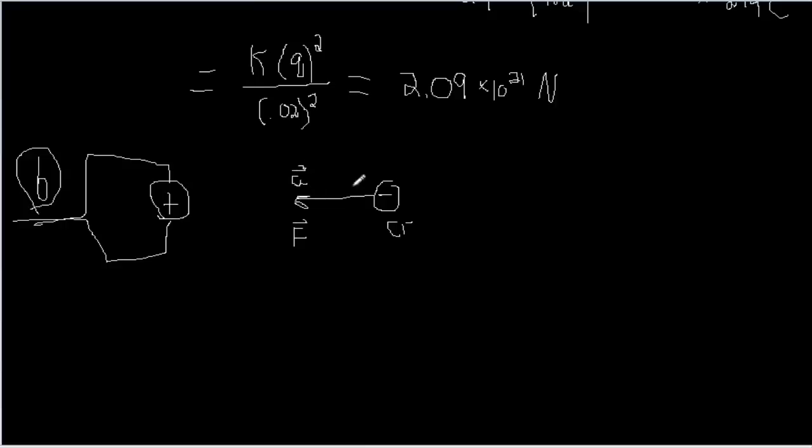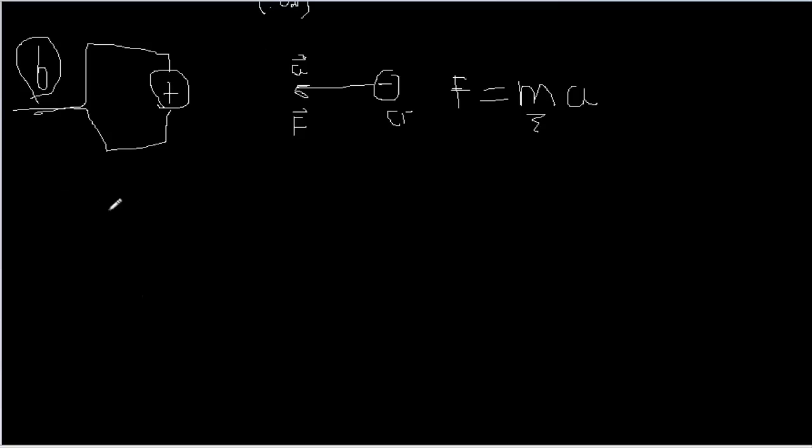From first semester physics, we know that F is equal to ma. So we need to figure out this mass. In order to do that, we can use some chemistry that we know. We know that by looking at the periodic table, that the mass of one chlorine atom is equal to 35.45 grams per mole.